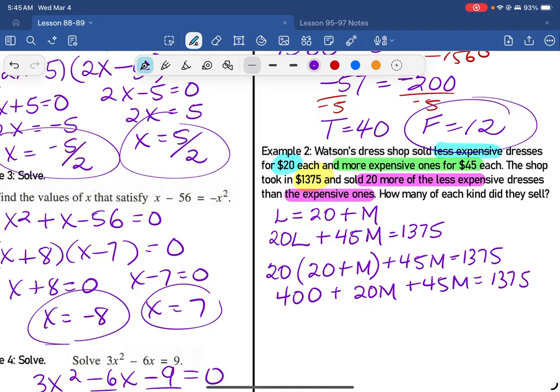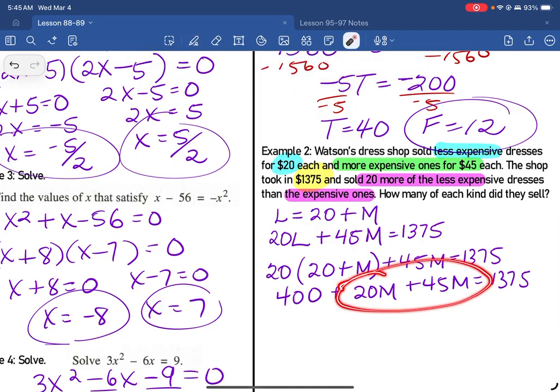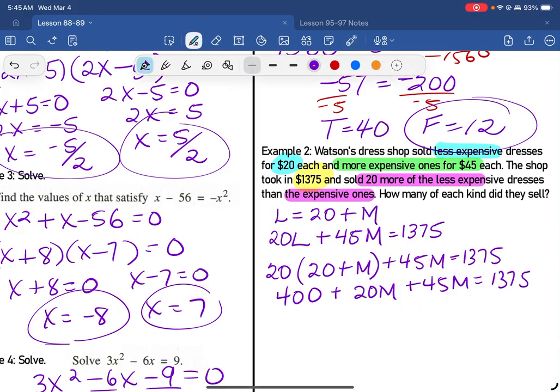Let's combine like terms. Notice we have a 20M and a 45M, which is a 65M. So we're going to write 400 plus 65M equals 1375. Now let's subtract the 400 from both sides.